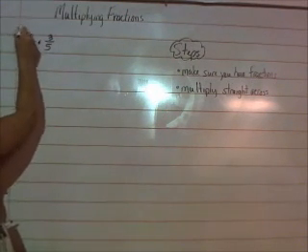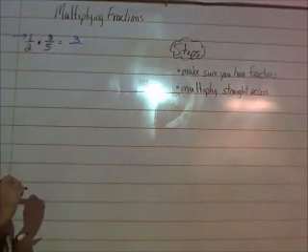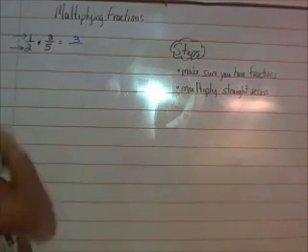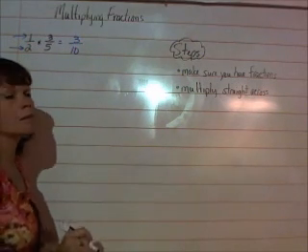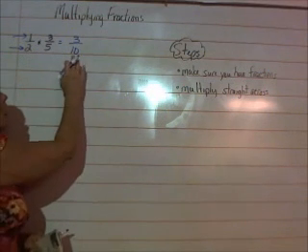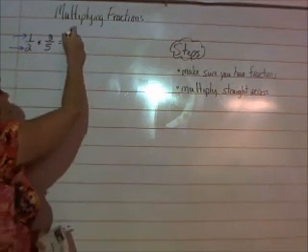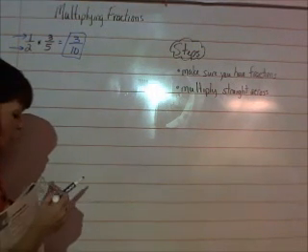So 1 times 3 is 3. 2 times 5 is 10. That's simple. Now, can you reduce that? Is it improper? No. So, you're done. Pretty simple. Okay, let's try a couple more.